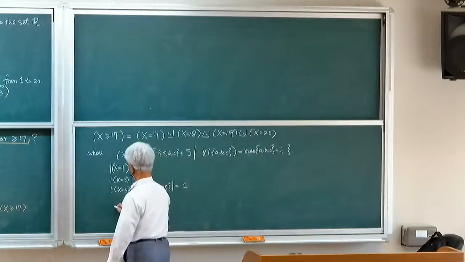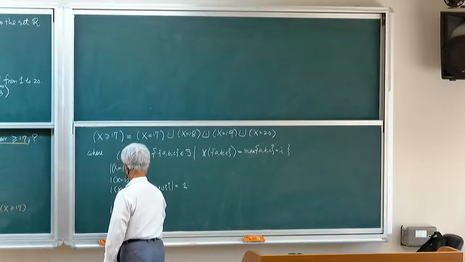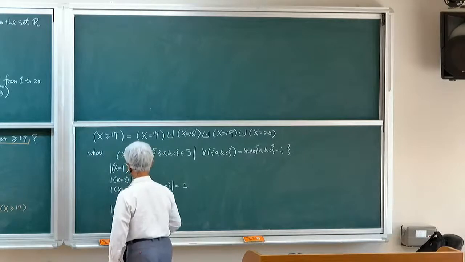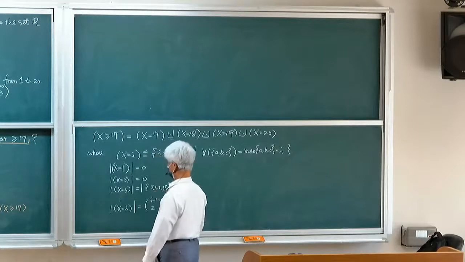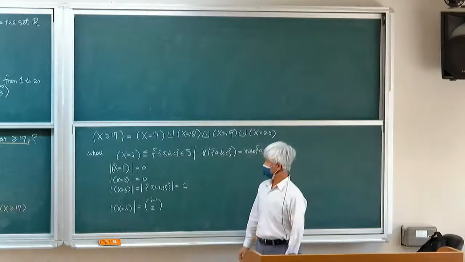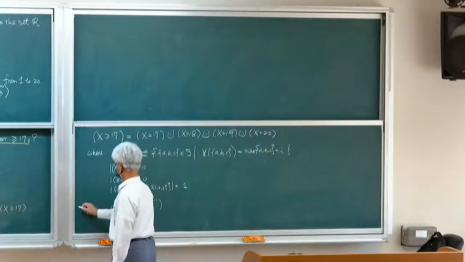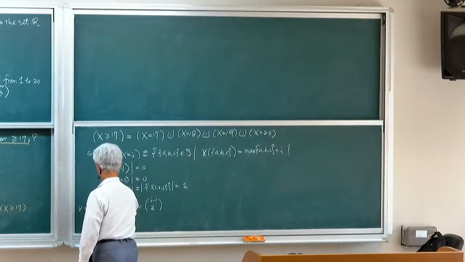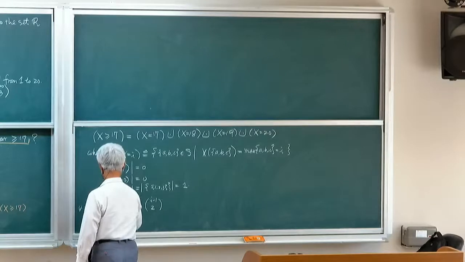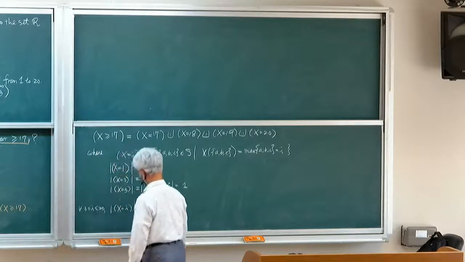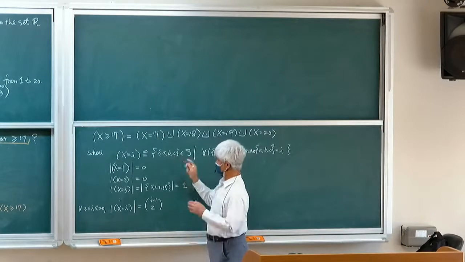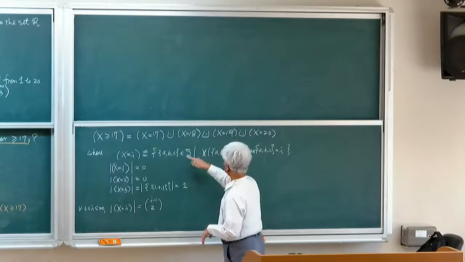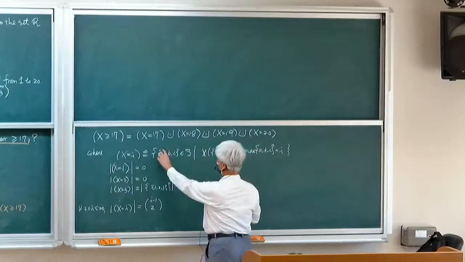In general, the size is i minus 1 select 2. Why? Because the biggest one should be i, since i is the maximum, so one of A, B, C is i.